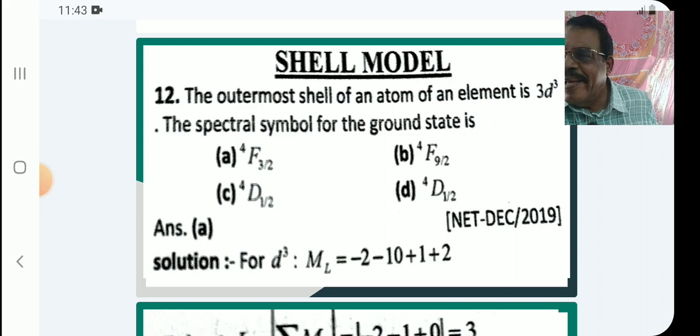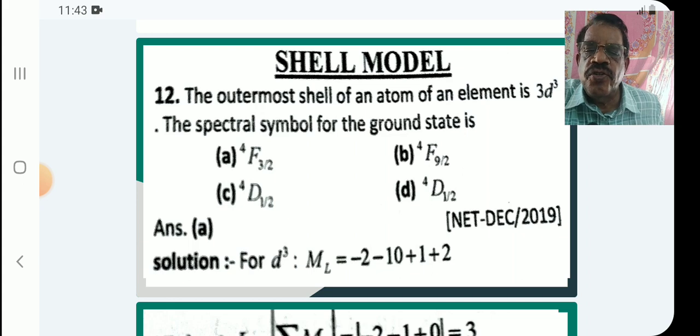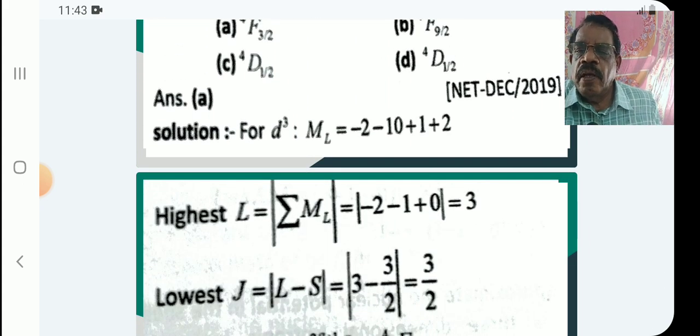D means SPDF. For S, l is 0. For P, l is 1. For D, l is 2. That is 2l plus 1 values, 5 values, and the 5 values are -2, -1, 0, +1, +2. They are written. Then the highest angular momentum, that is sigma m_l, total L value.